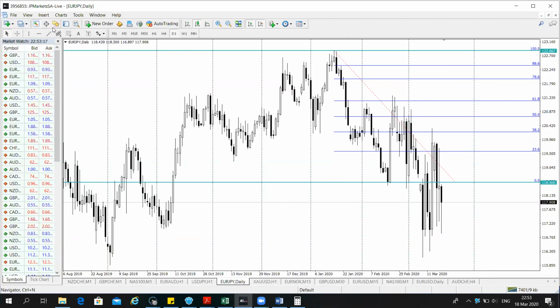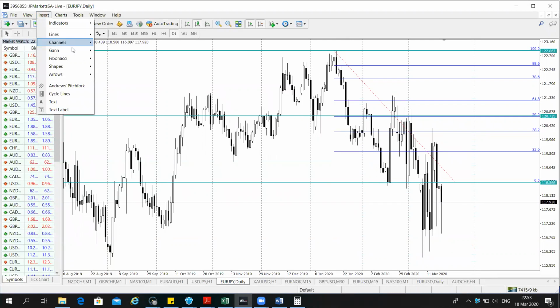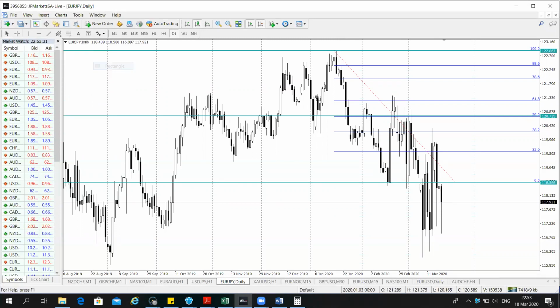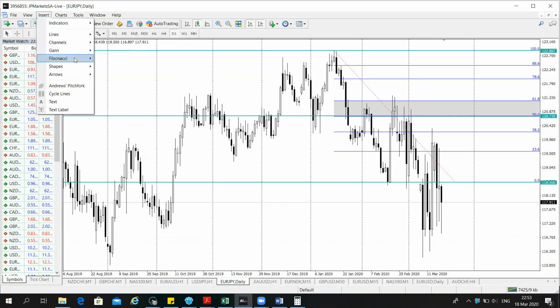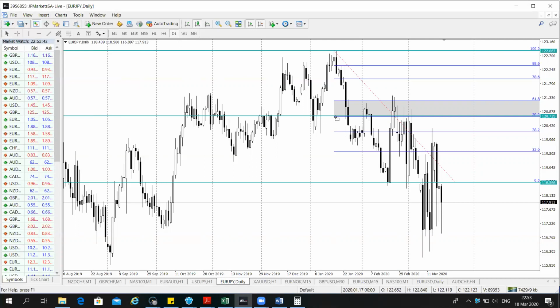And then the 50 Fibonacci level is here. Between the 50 and the 61.8, it's a fib zone. Another one between the 50 and the 38.2 is also a fib zone.